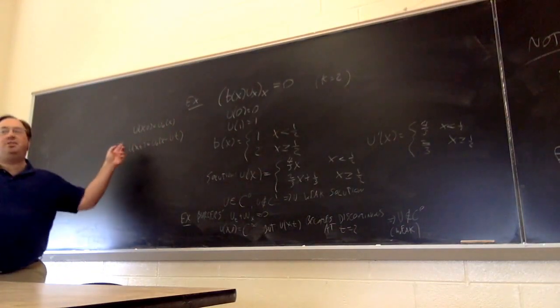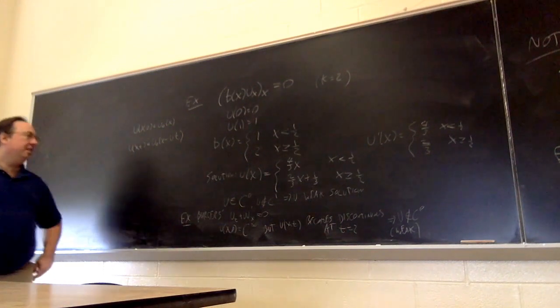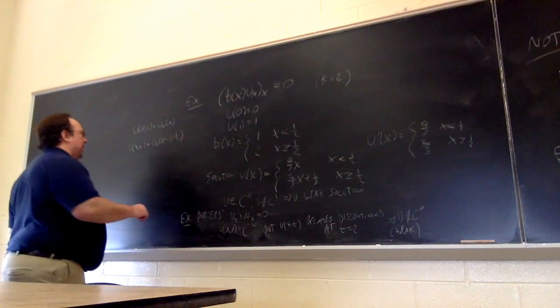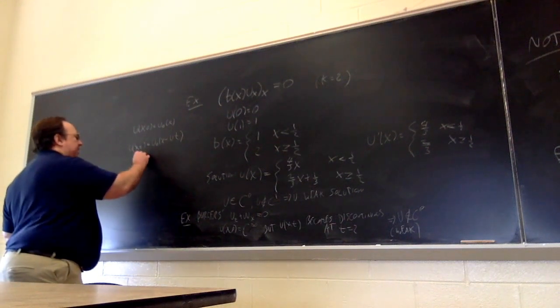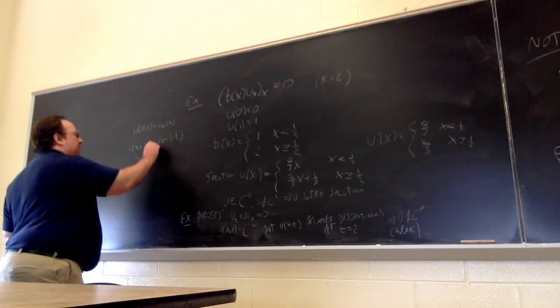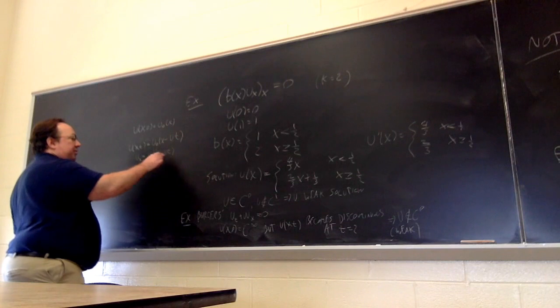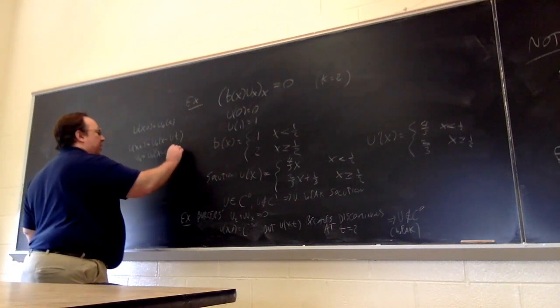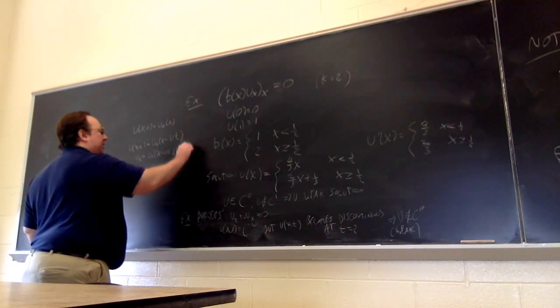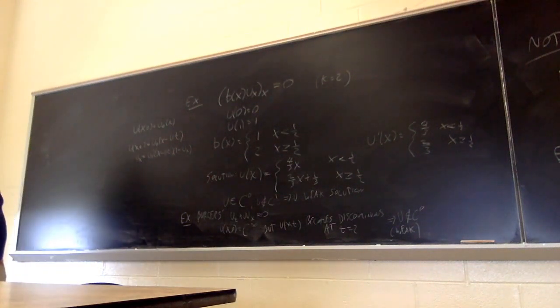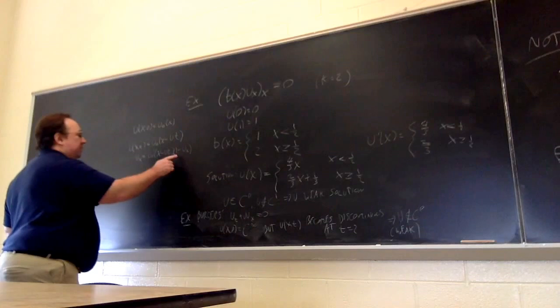So u, unfortunately, appears on both sides of the equation. So for instance, du/dx would be equal to u naught prime of x minus ut times the derivative of what's inside, which is 1 minus u_x.